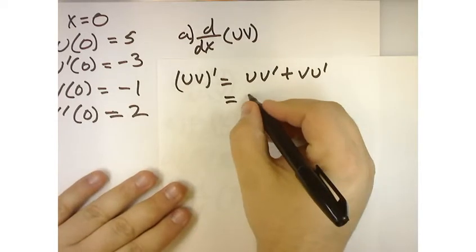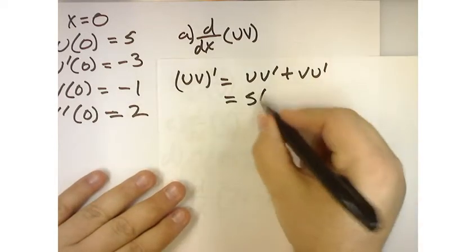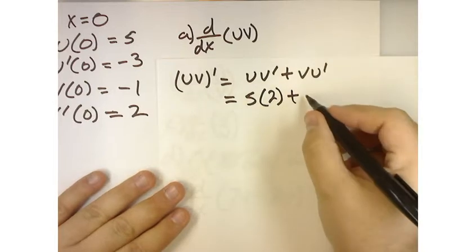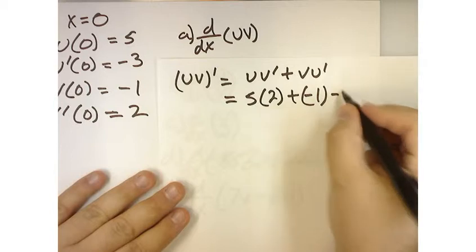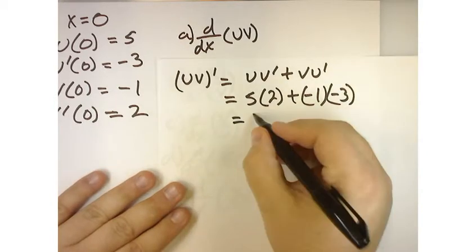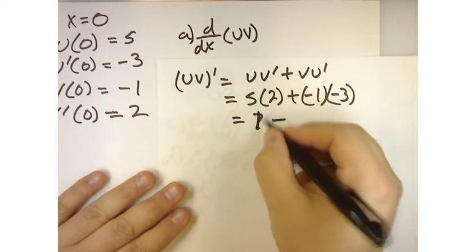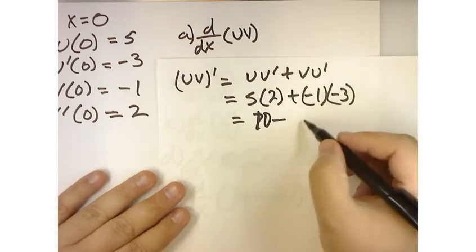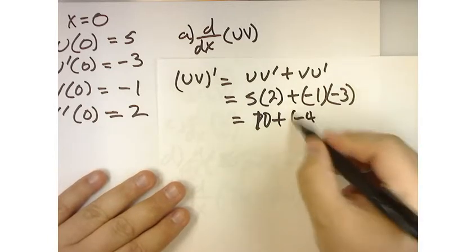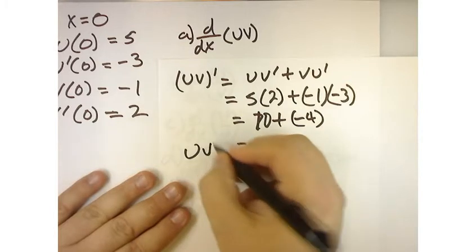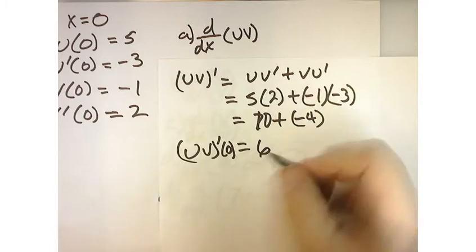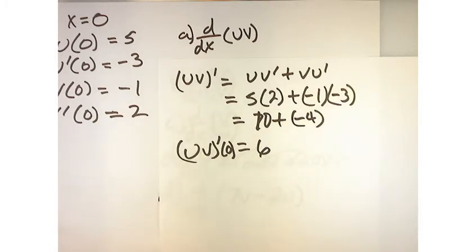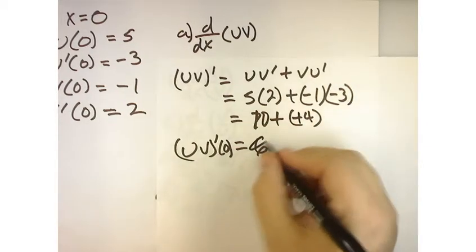So u is 5, v prime is 2, plus v, which is negative 1, times the quantity negative 3. 5 times 2 is 10, plus minus 4, so uv prime of 0 is equal to 6. Wait, it'd be 4, because the negatives cancel. So it'd be 14? Yes.